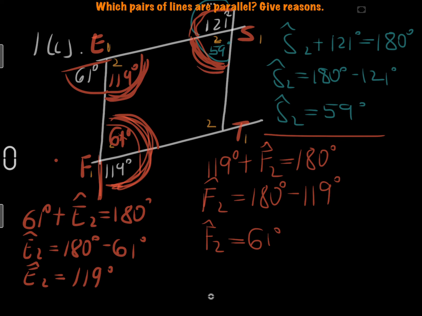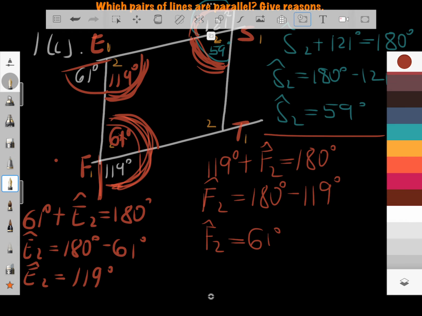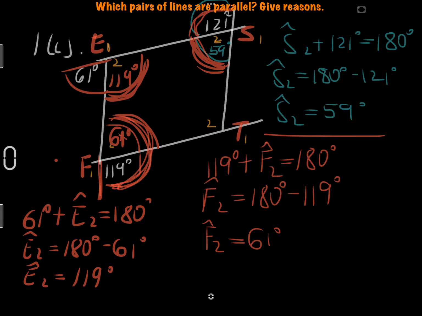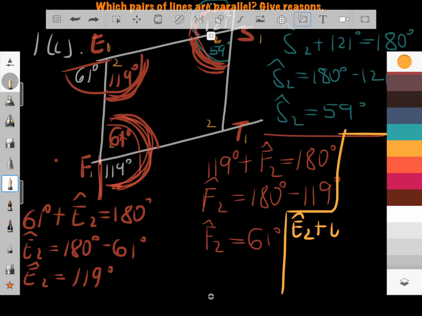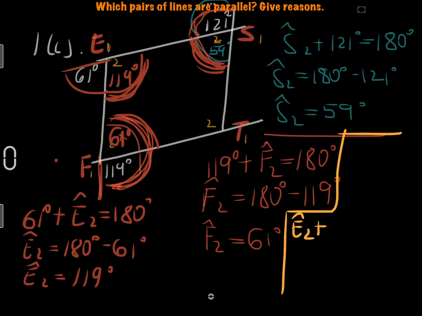Just to confirm our calculations, we can say angle E2 plus angle S2, this angle here, is equal to 180 degrees.